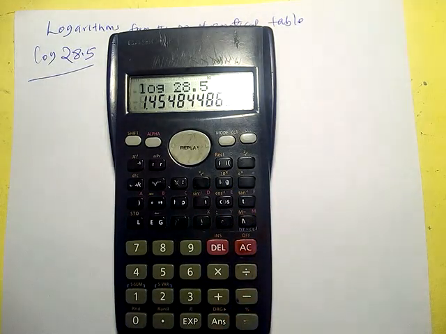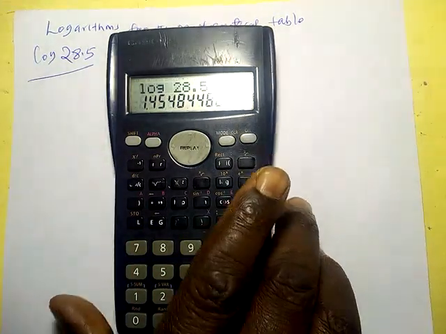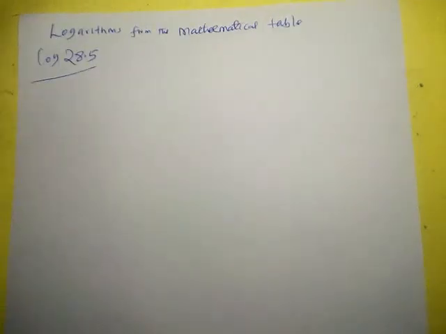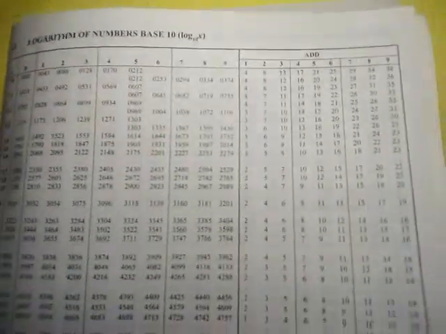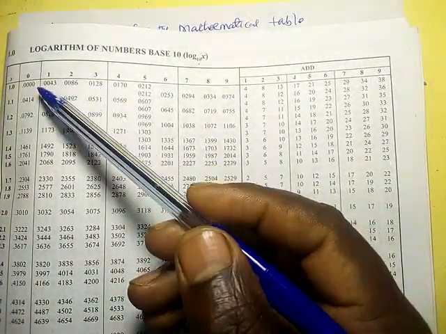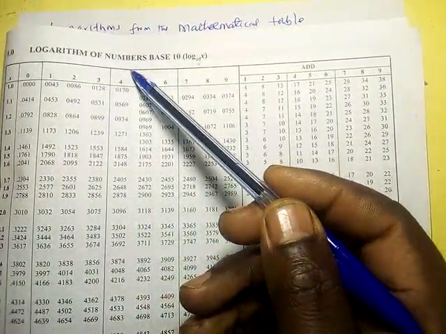Very straight. But now, how can we get this answer 1.4548 from the mathematical table? Our mathematical table does not have logarithms of numbers more than 10.